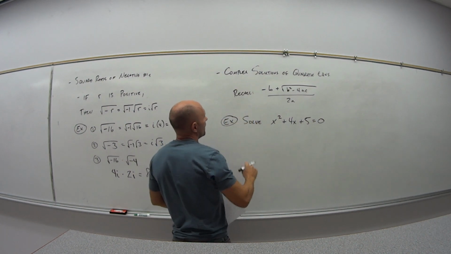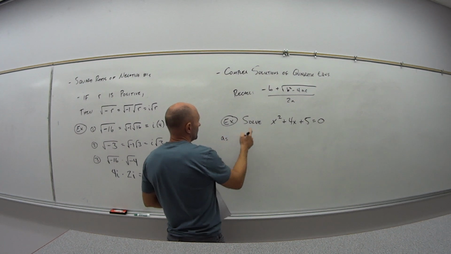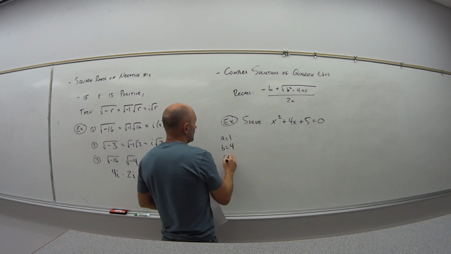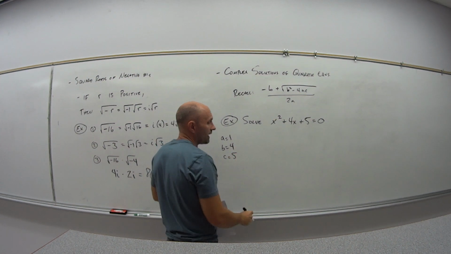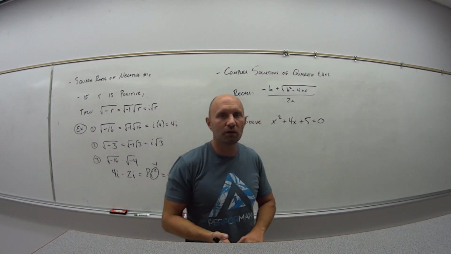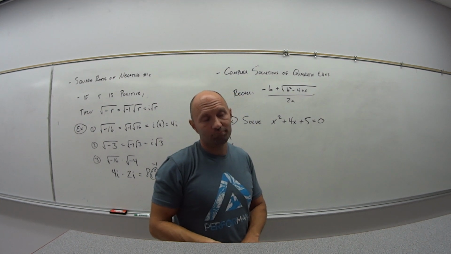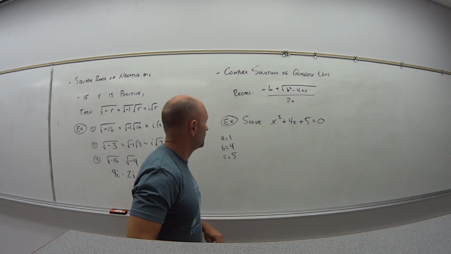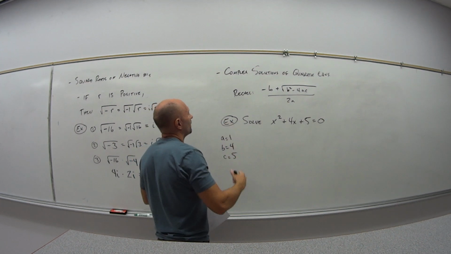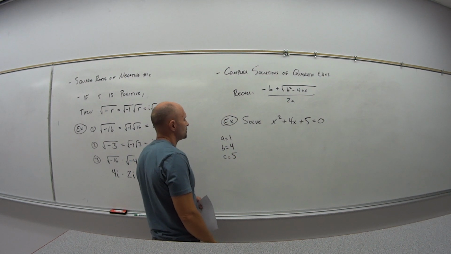So if I use the quadratic formula, my a is 1, my b is positive 4, my c is positive 5. I'll tell you now, you're going to need to know how to do this on exam 2, probably exam 3, probably the final. So make sure you know how to do these complex solutions of quadratic equations.